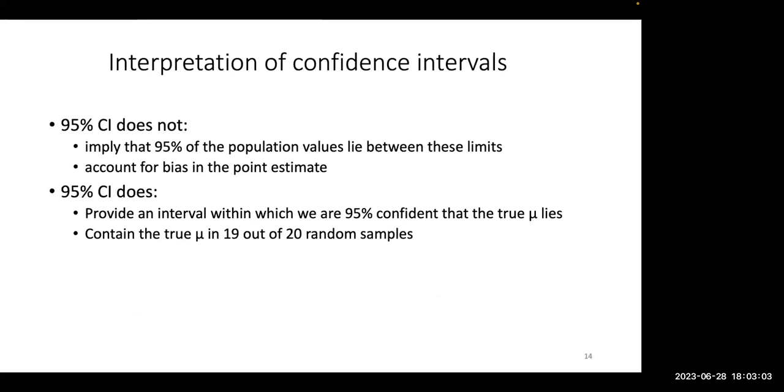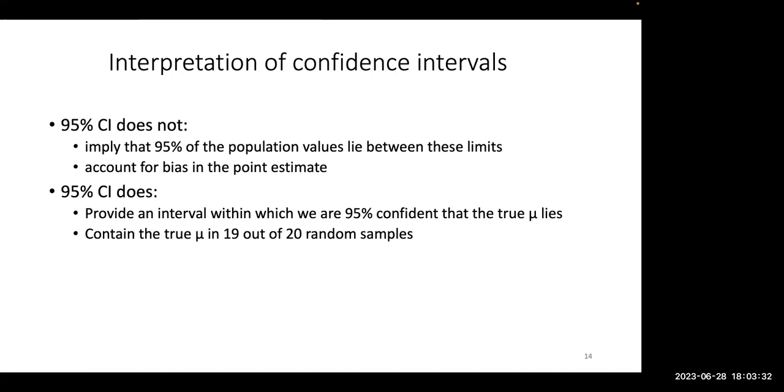The importance is that you do not confuse the 95% confidence interval with the z-score. That distinction is important. It follows the same standardization procedure, but it has a different implication. It has a different interpretation. So it does not contain 95% of all the population values. That's the z-score in the population. And it does not account for the bias in the point estimate.